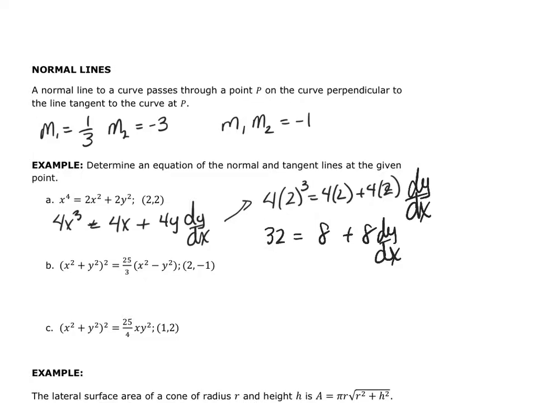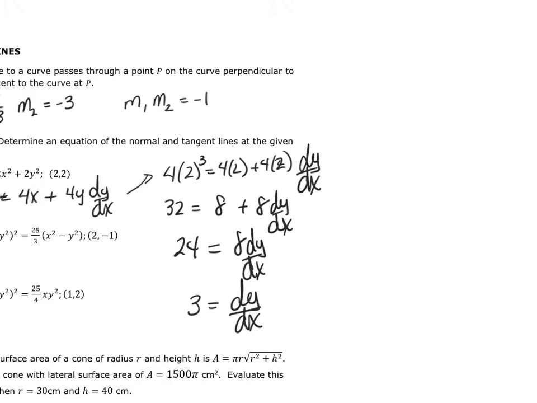So I subtract 8 from both sides. When I subtract 8 from both sides, what do I get? 24? 8 dy dx. Divide both sides by 8, what do I get? So 3 is the slope of the tangent line. So what is the slope of my normal?